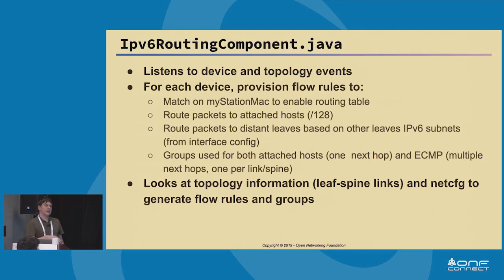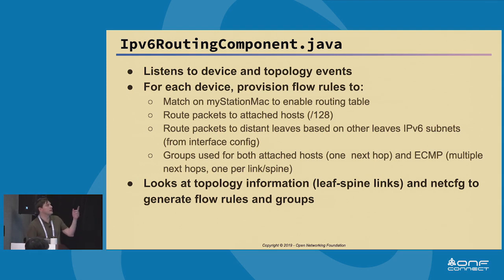Like in the previous exercise, where we had an application component controlling the bridging part, we are already providing you with a component that implements our router control plane. It's a very simple implementation that listens for device and topology events, and for each device, provisions all the necessary flow rules and groups to provide routing.